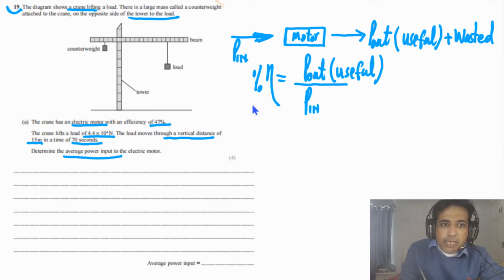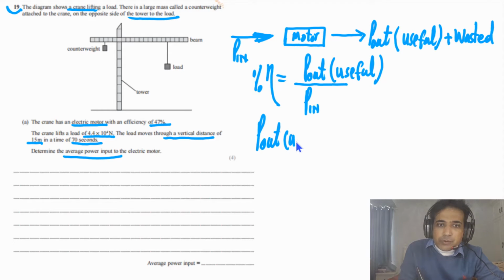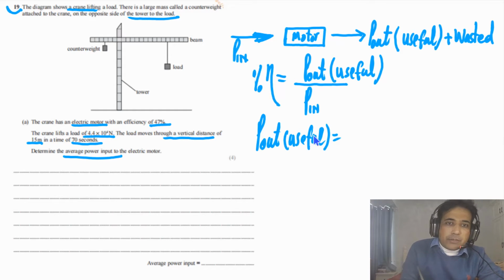In this case we can calculate P out, the useful work done by the crane, by the motor. P out useful is equal to the work done by the motor to lift this load divided by time taken.